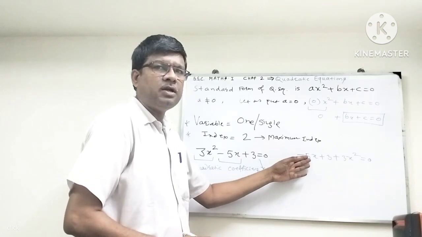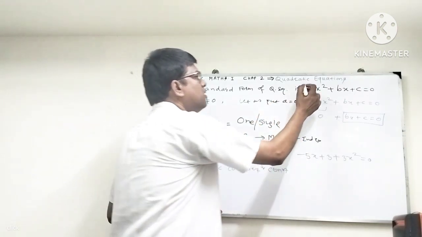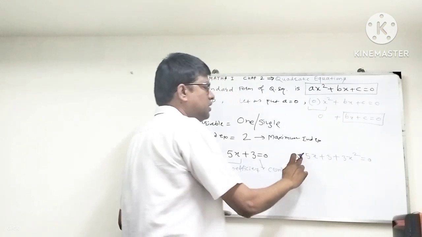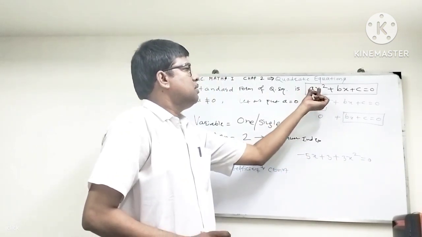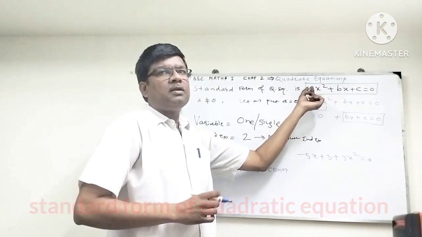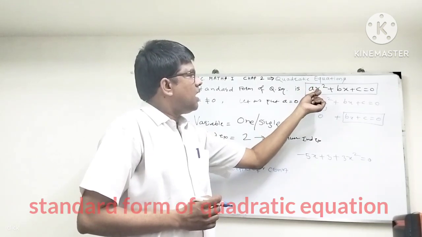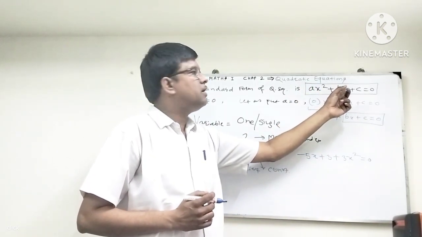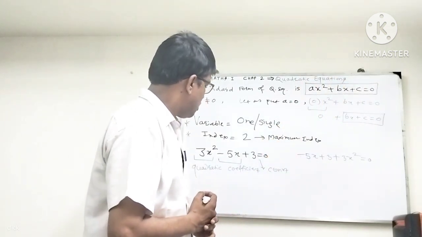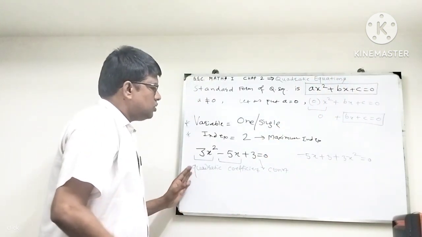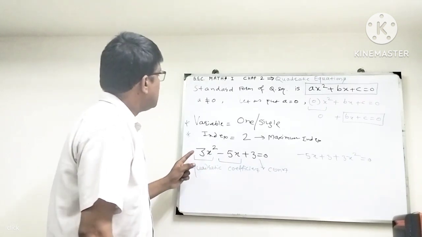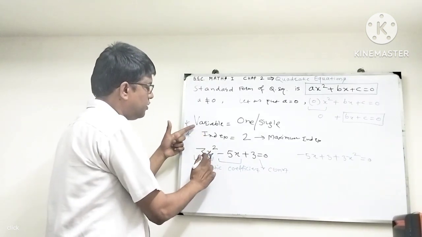And what is meant by standard form? This is the standard form where I am making a box. Standard form is the equation where the quadratic term is there. Normally it is written at first place, then the coefficient term is written, and the last term is the constant term. Now you are familiar with the terms, and also check whether the variable is one.